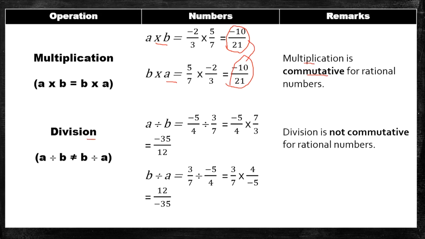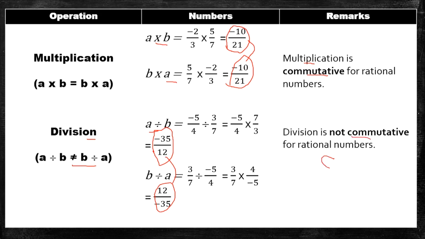For division, a divided by b is not equal to b divided by a, because when you take any two values for a and b, I have taken minus 5 by 4 and 3 by 7. See, I have got minus 35 by 12, and here on RHS is 12 by minus 35, completely different. Since they are not equal, I have to say division is not commutative for rational numbers.